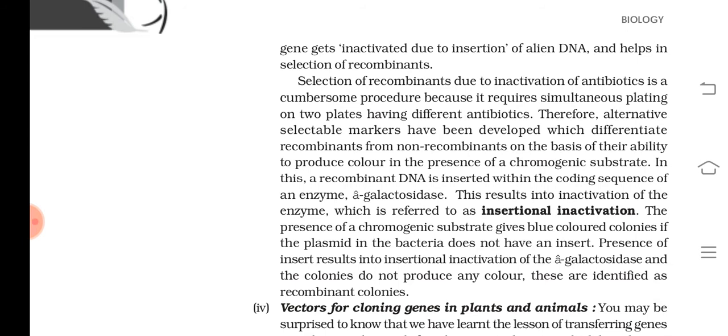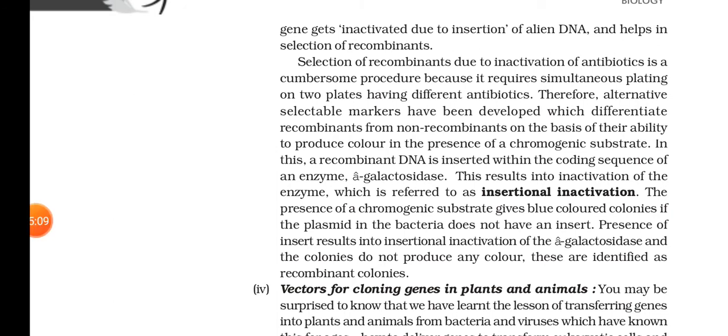For the production of this enzyme, genes are needed, and when a particular gene is introduced into the gene which is responsible for the production of this enzyme, the enzyme cannot be produced. The process by which the activity of a gene is stopped is known as insertional inactivation. Inactivation of a particular gene due to the insertion of a gene fragment is called what? Insertional inactivation. Understood?